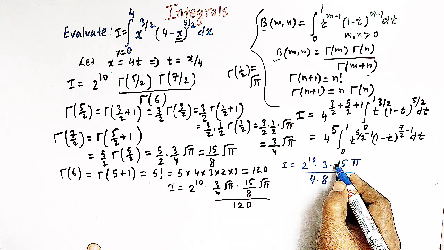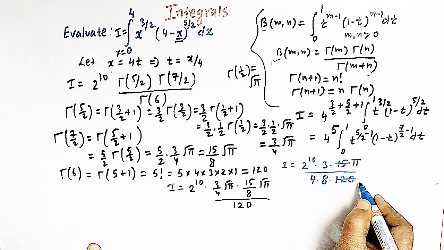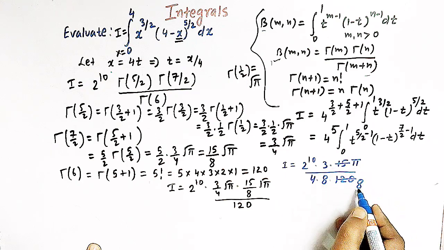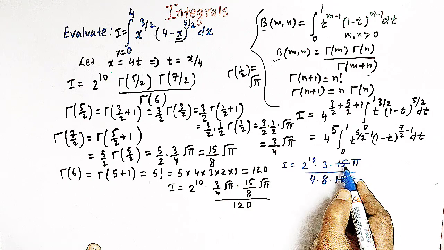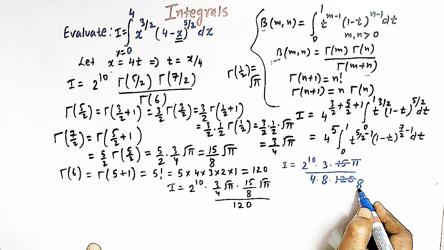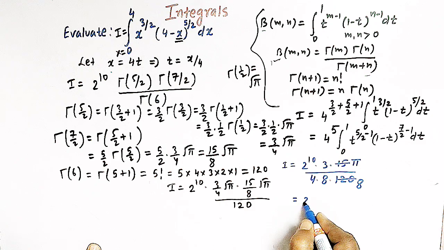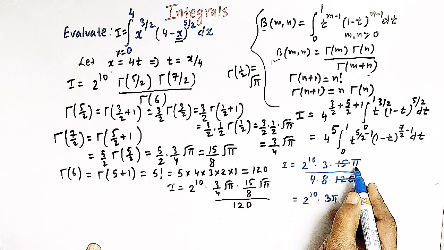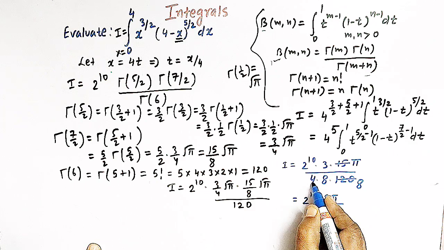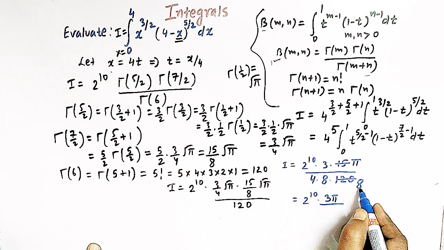So now this is, 15 times 8 is 120. So we can cancel 120 with 15, so we have here 8. So now we have 2 raised to 10 times 3 pi, right? 3 times pi, and here we have 4 times 8 times 8.